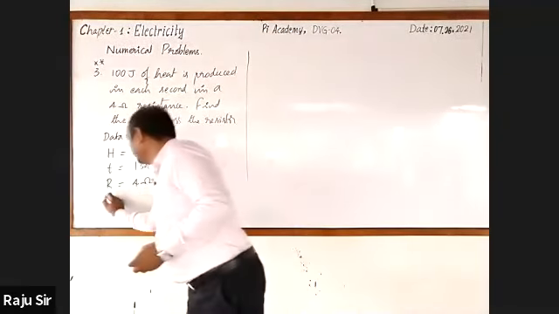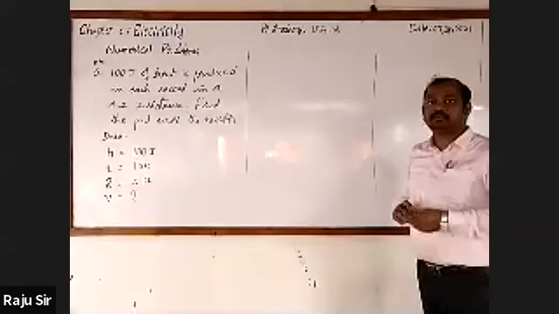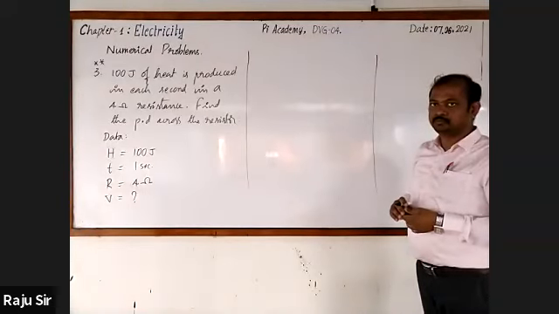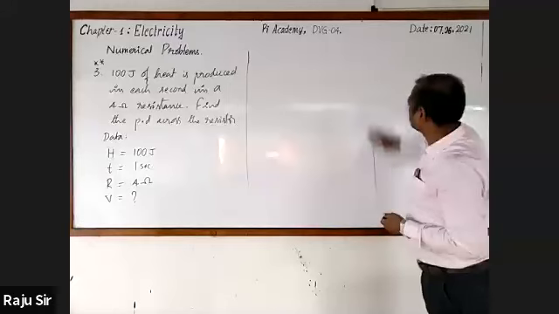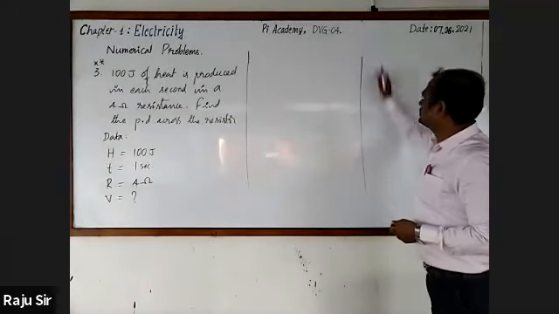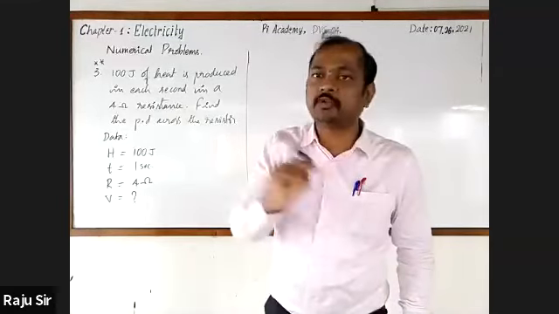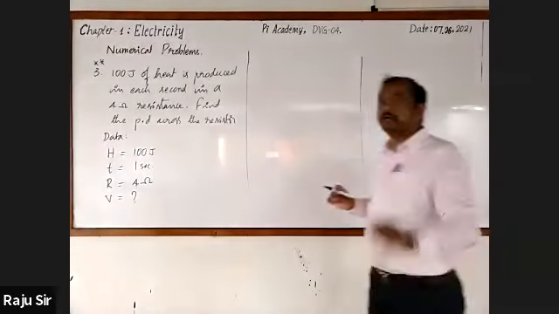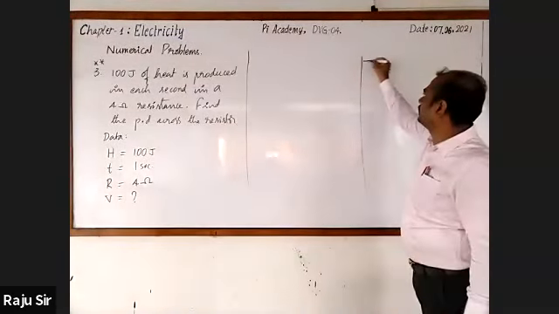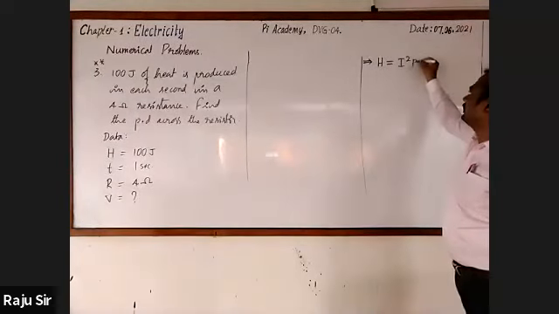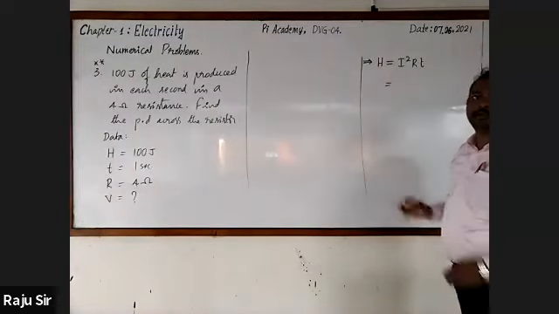Let's go for finding the potential difference. Now you just observe the board. As this problem is related to heat energy, we have to recall the heat energy formula. Heat energy, that is H = I²RT.